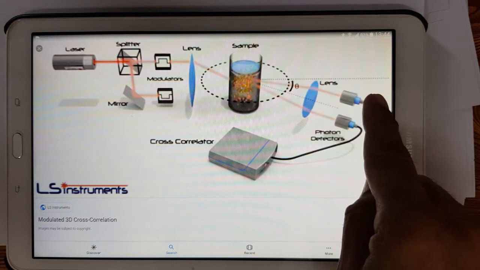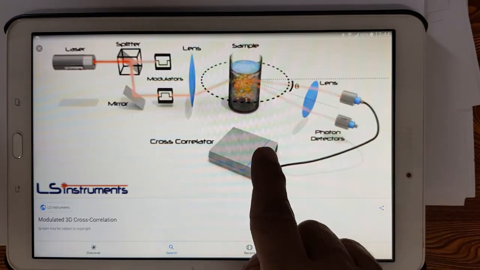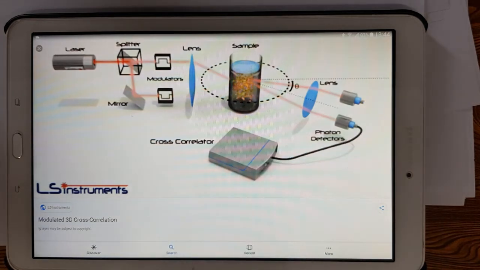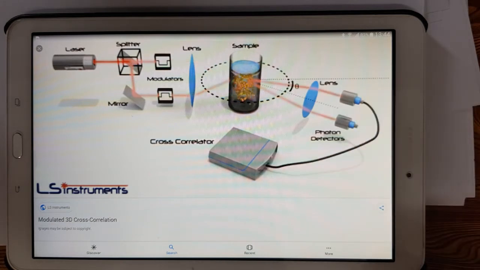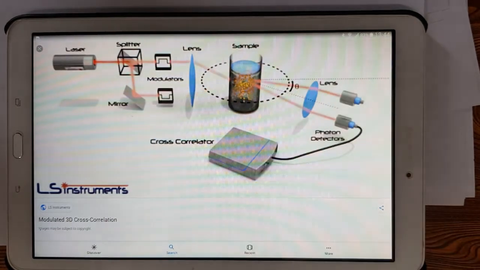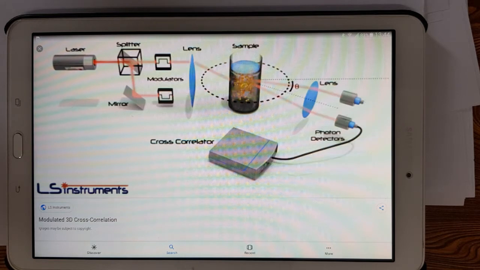These are the lenses. It collects the data and sends it to the correlator, which gives the data, right? Then the photon detectors, and this is how the dynamic light scattering technique works in finding the particle size. It's a very good depiction, very easy to understand.